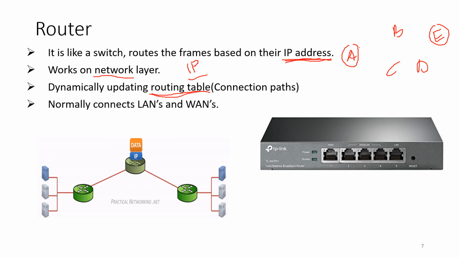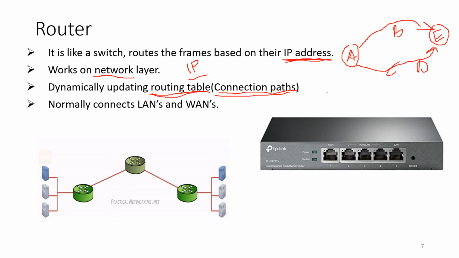If I send data via B, will it be faster, or if I send data via C, D, E, will it be faster? The faster connections will be saved as a routing table. So simply remember them as connection paths.